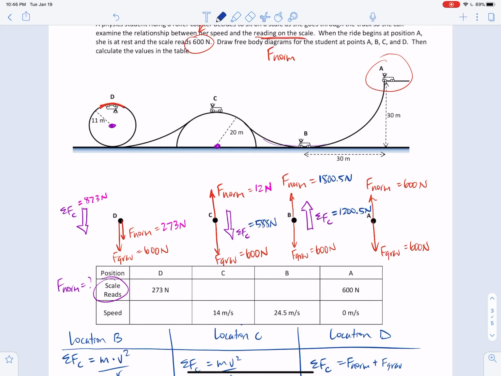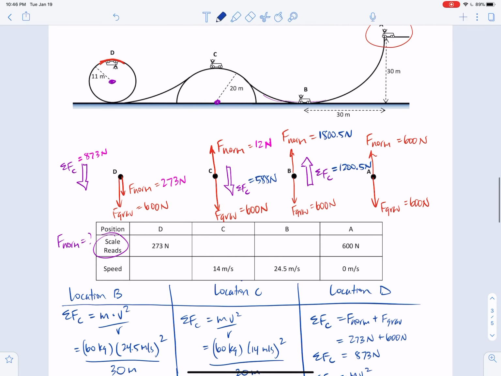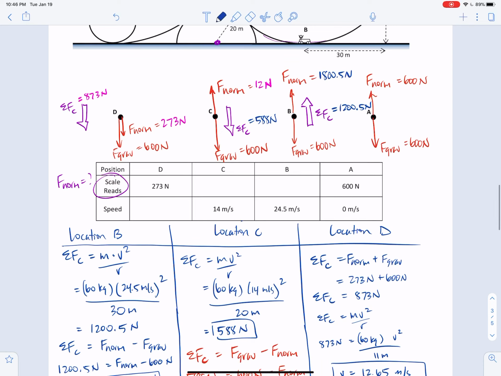Big idea number two is you're going to either use Newton's second law, which is this, centripetal force is mv squared over r, to find the centripetal force, or sometimes you can just use an expression like this from the picture, right?